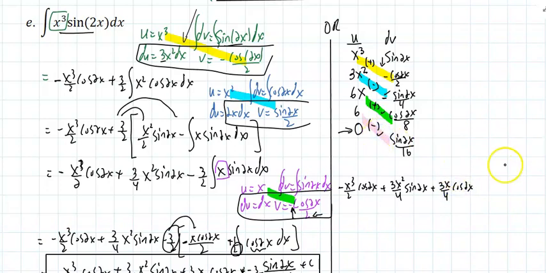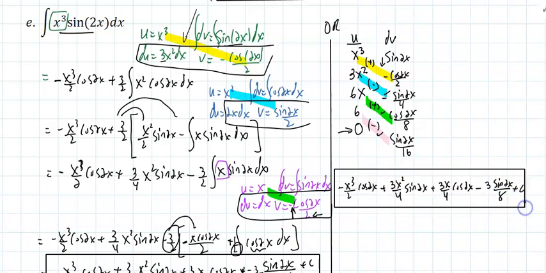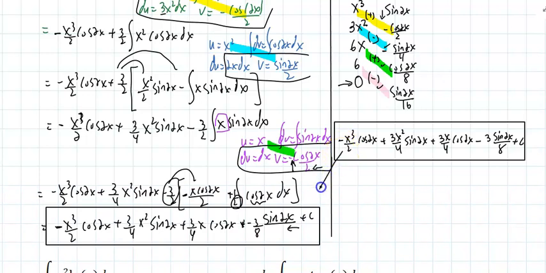And when you multiply, that's a negative. 6 divides 16, so by 2, that's 3, the sine of 2x divided by 8 plus c. Somebody figured this out. Look at this answer right here. And look at this answer right here.